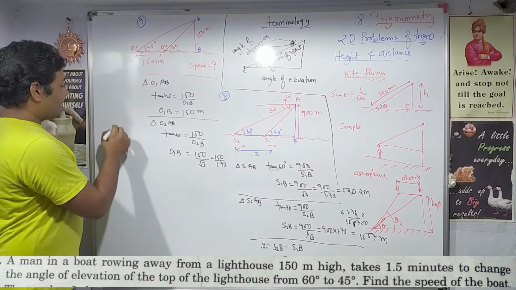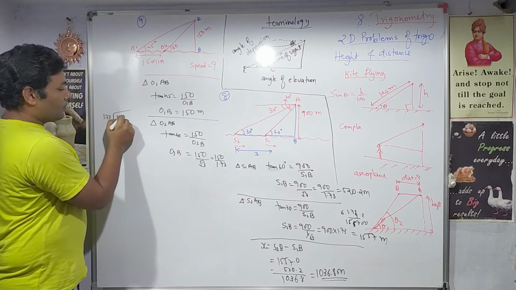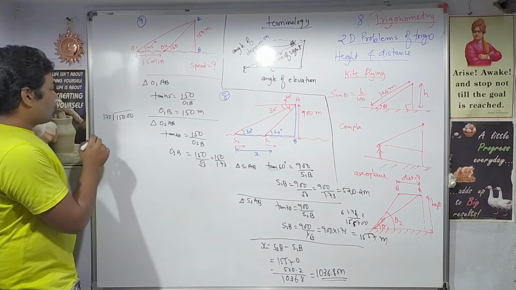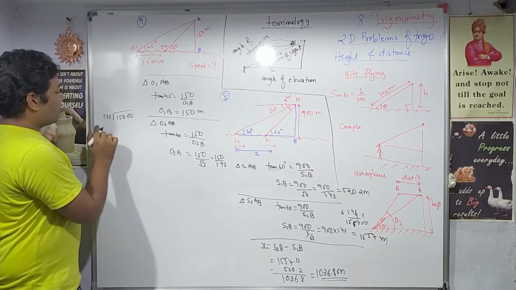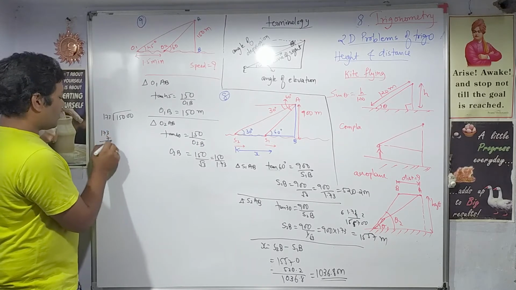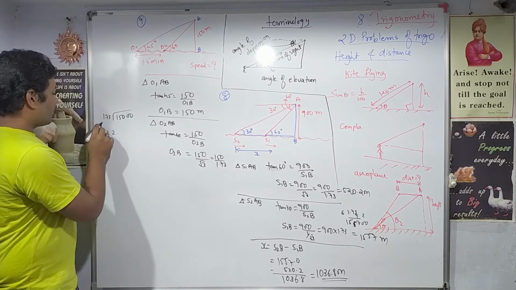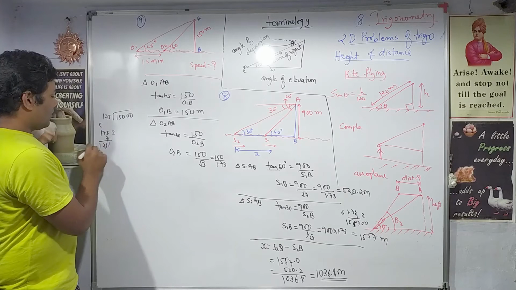So let us do this division. 173 divided by 15000. 1211.